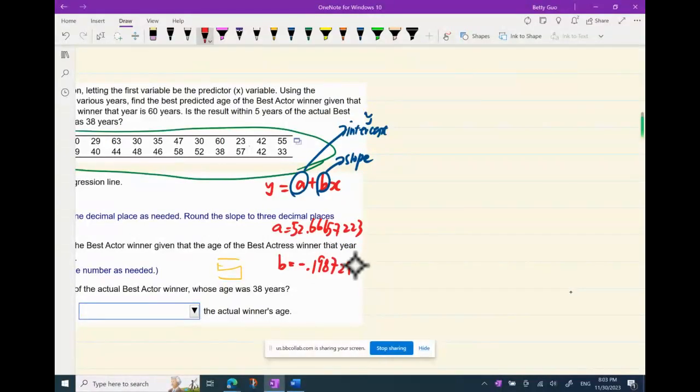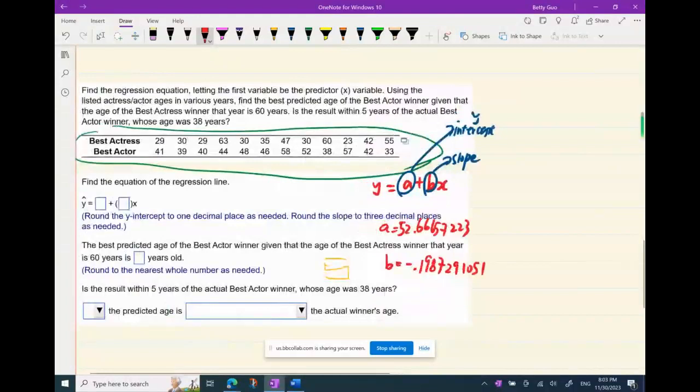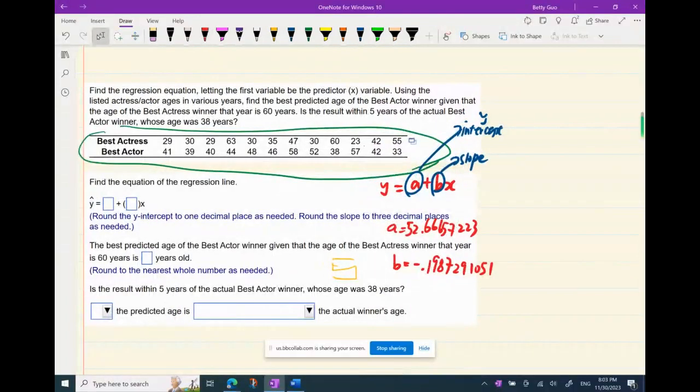Let me know, do you have the same thing? If not, probably when you entered those values you made some error. That's why entering those values correctly is so important for us. Do you have the same thing, guys?